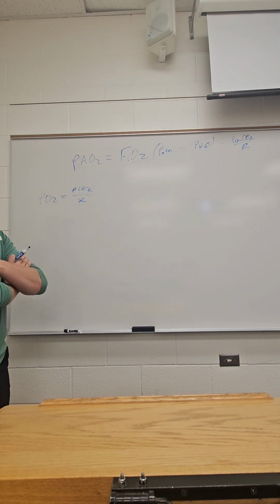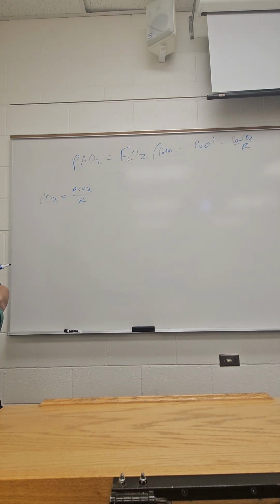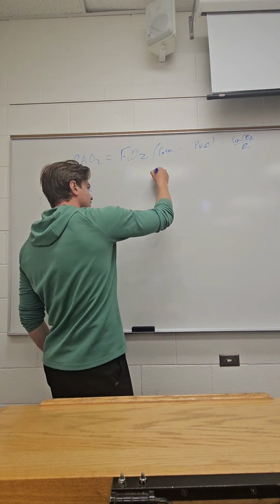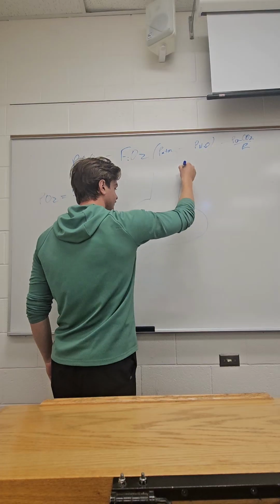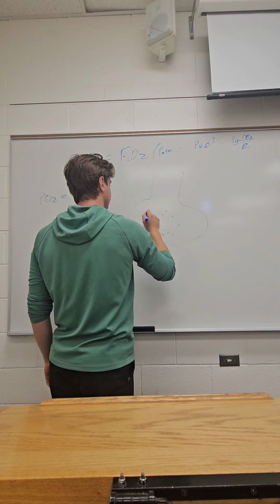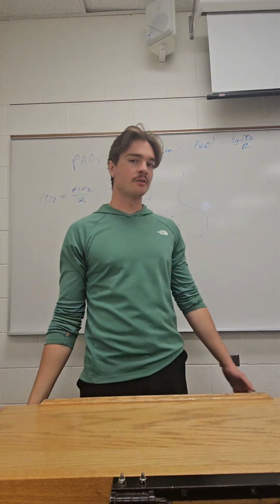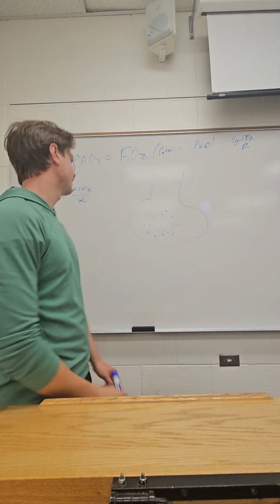All right, what is this big old mouthful of things? Okay, well, I'll show you. Here's an alveolus. Here's oxygen. Oxygen, we know it accounts for like 21% of atmospheric pressure.